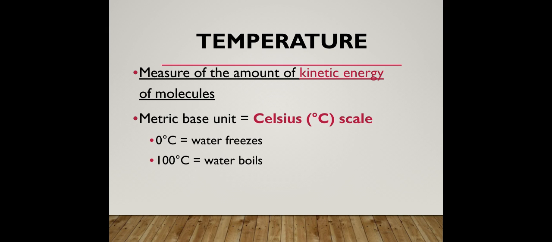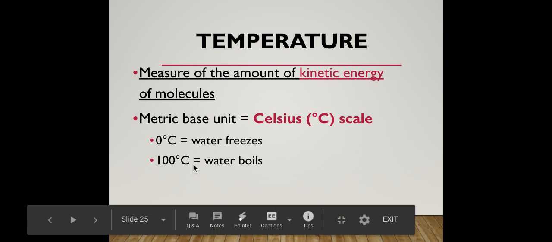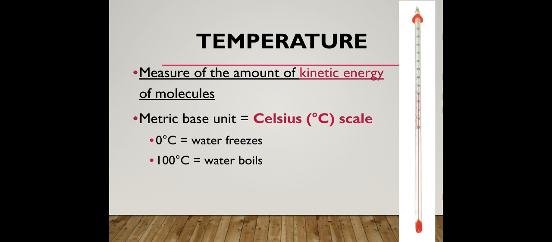And water is boiling at 100 degrees Celsius, which in Fahrenheit is 212 degrees. So you can see 0 and 100 is a little bit easier than 32 and 212. When you measure temperature, you're going to measure it using a thermometer.